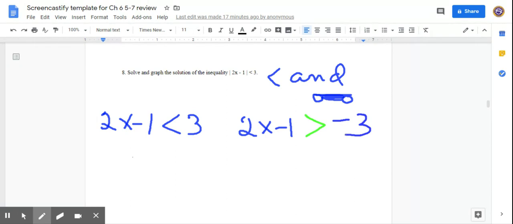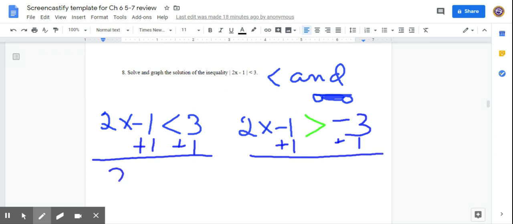Okay, 2 inequalities, 2 solutions. So now we have to solve for x. So we're going to add 1 to both sides. And we have 2x is less than 4, and 2x is greater than, that's a plus, so that's -2. -3 plus 1. Subtract, keep the sign of the larger number.